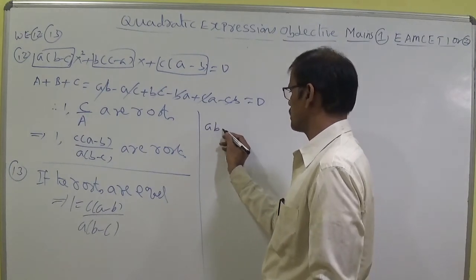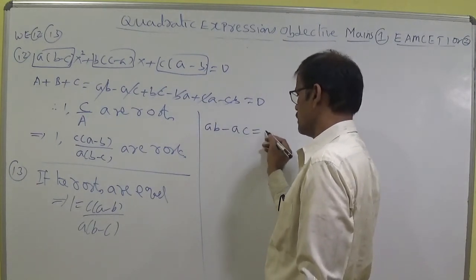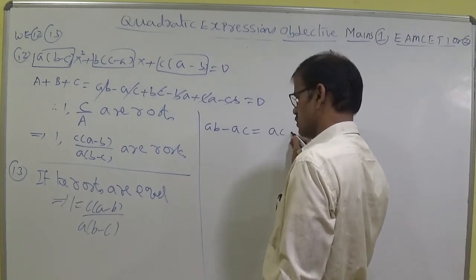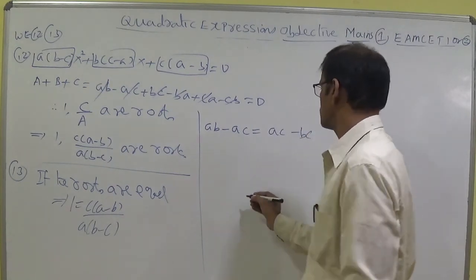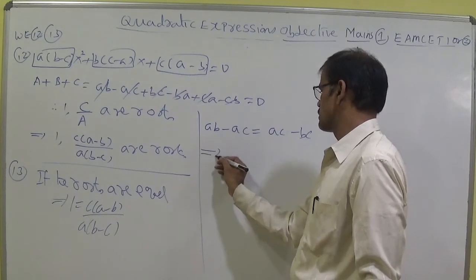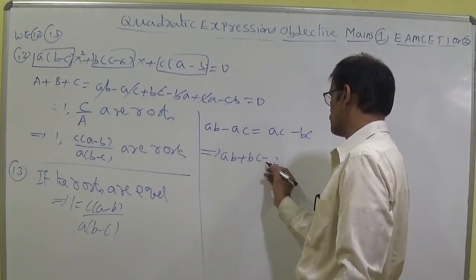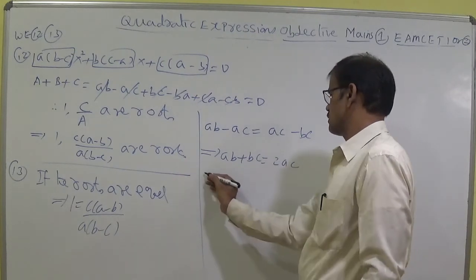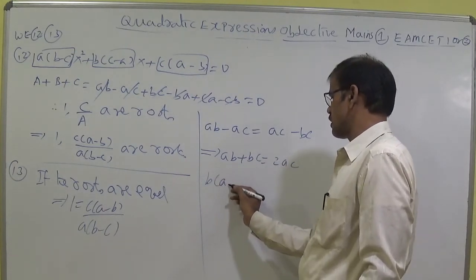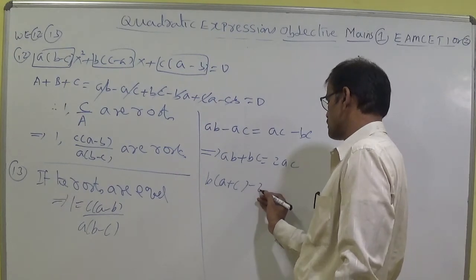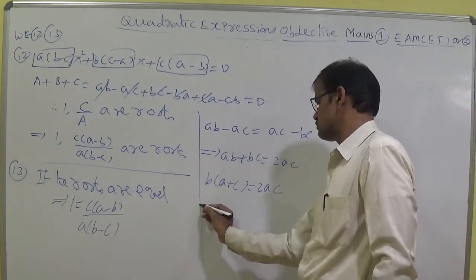Now take cross multiplication: ab - ac = ac - bc. That implies ab + bc = 2ac. B you can take common: b(a + c) = 2ac.